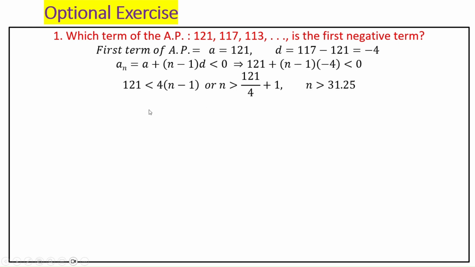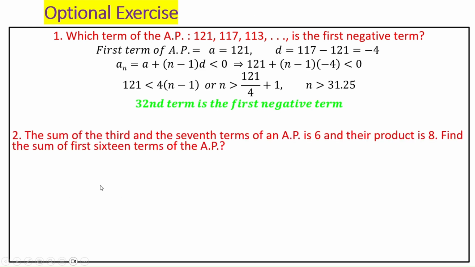If you simplify, n should be greater than 121 by 4 plus 1, that is n greater than 31.25. So n is 32, the 32nd term, which is the first negative term of this AP.